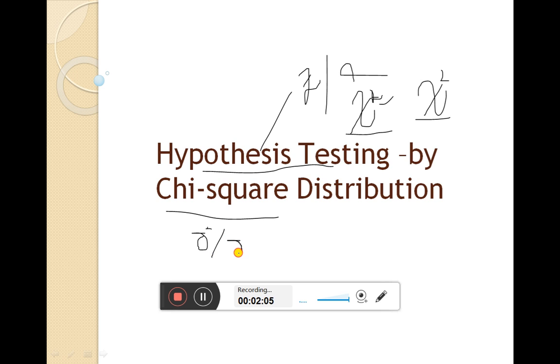You can find out hypothesis testification through standard deviation, or even through variance. When you take the square of the standard deviation, it becomes your variance.